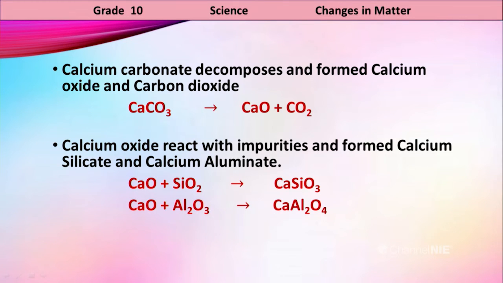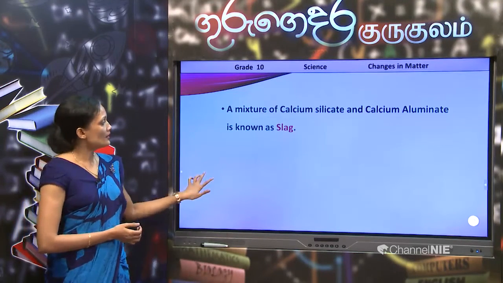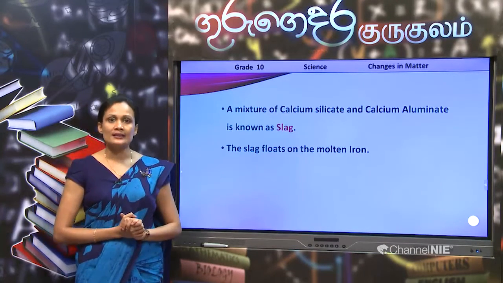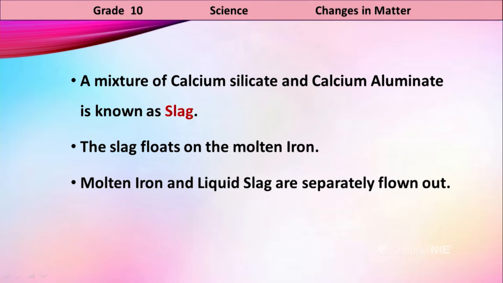Calcium oxide reacts with alumina and forms calcium aluminate. The mixture of calcium silicate and calcium aluminate we consider as slag. Slag floats on the molten iron, and the molten iron and liquid slag we separate from the bottom of the blast furnace.